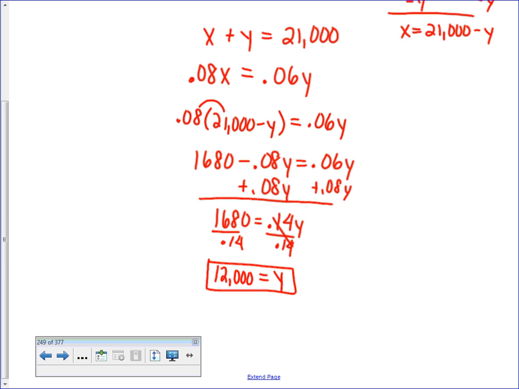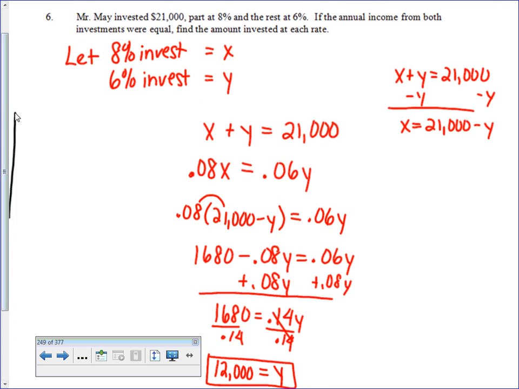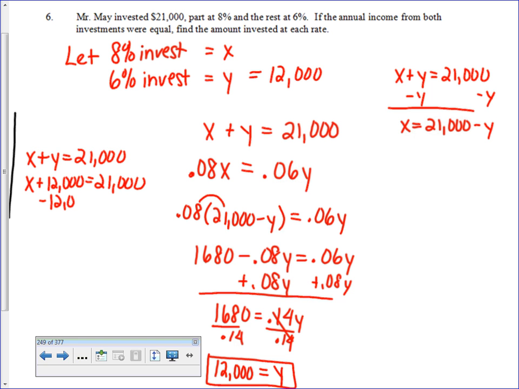Okay, so now y is equal to 12,000, I need to find how much money I put in the 8% investment. So I'm going to do the x plus y equal to 21,000, and if I know y is equal to 12,000, I'm going to solve for x. Subtract the 12,000 from both sides, and I get x to equal $9,000.